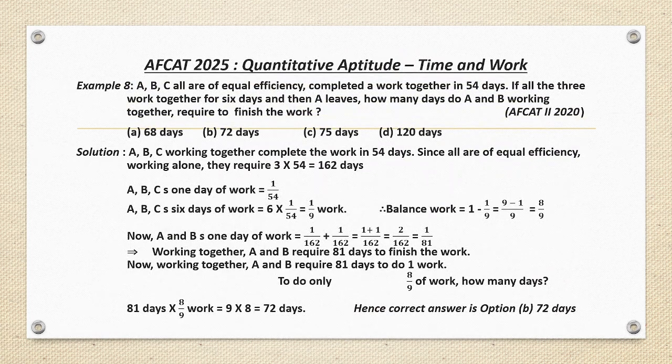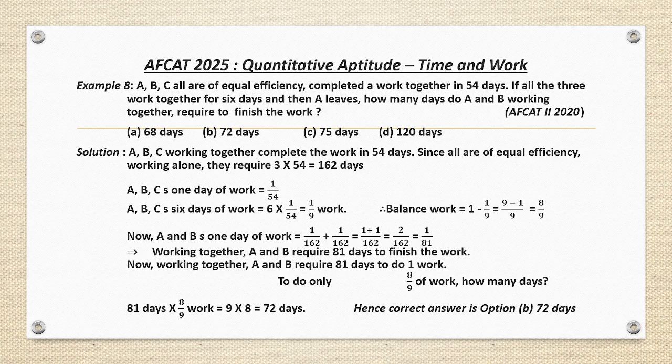Next, this is the PYQ AFCAT 2020 question. A, B, C all are of equal efficiency, and they complete a work together in 54 days. And all the three have worked for 6 days, and then A left.